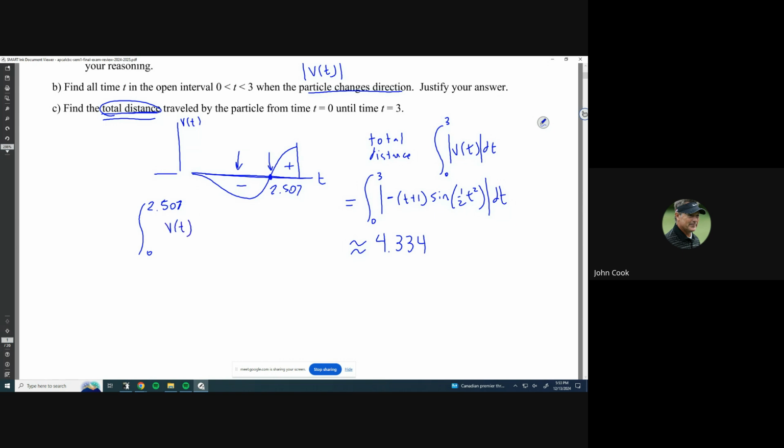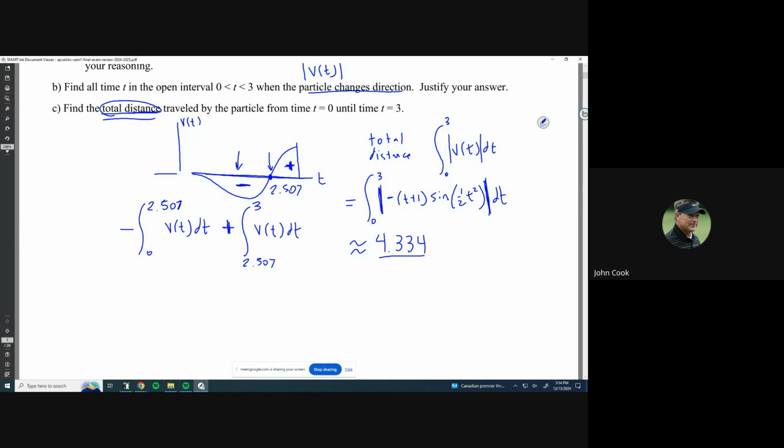But this is going to give you a negative area, and you need to turn it positive because of the absolute value. So you just put a negative in front, because a negative times a negative turns it positive. And then plus the other integral, starting at 2.507, or square root of 2 pi, going to 3, with the same velocity function. This time the area is positive, so you can just leave the plus sign on there, and it would still give you that number for your answer.